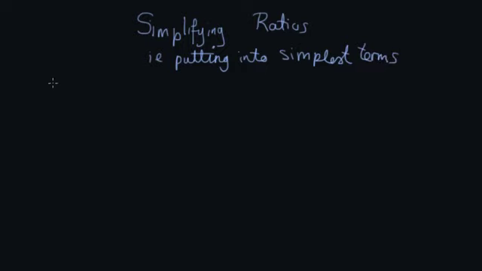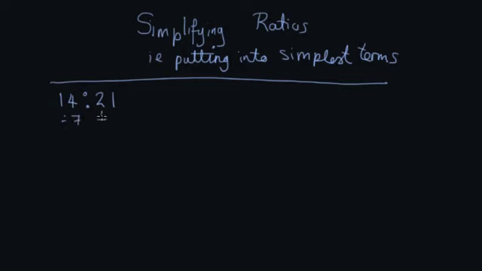And it's the same principle as ratio. So say we've got a ratio of 14 to 21. 14, 21 in the 7 times table, so divide both sides by 7. That gives us a ratio of 2 to 3.